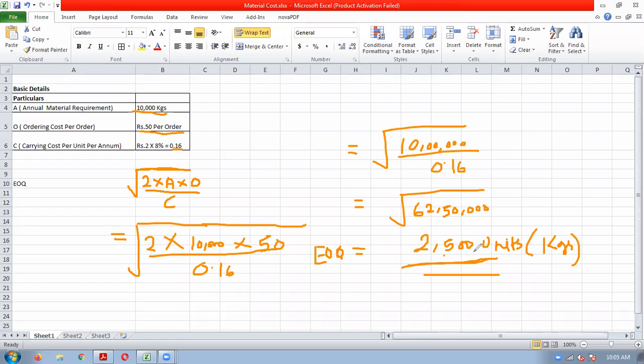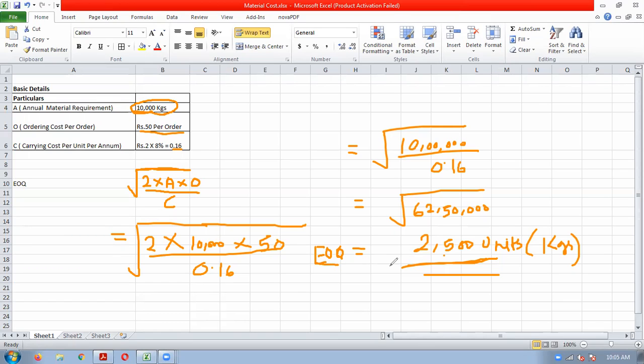So you will place order 4 times for 2,500 units because your requirement is 10,000 kg for the year. So this is how you have to solve this question on EOQ. Whenever you place an order with the supplier, how many units or kg you have to place so that your cost is minimum.